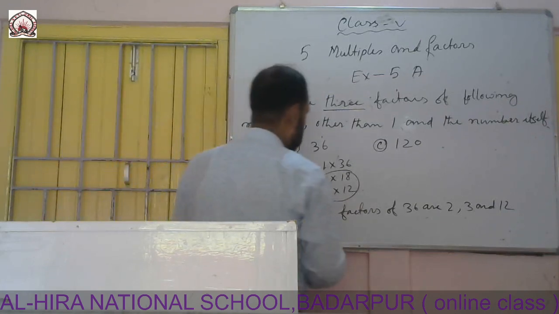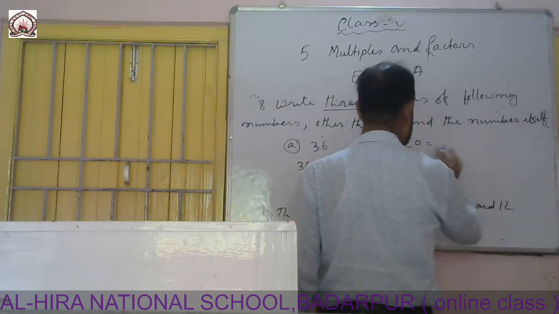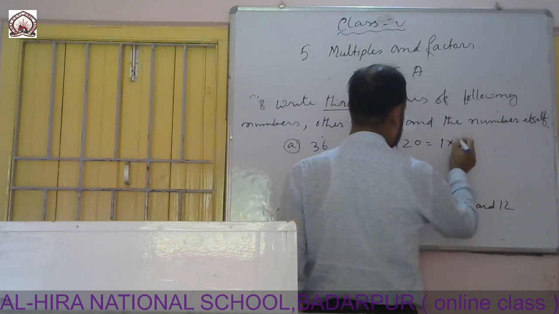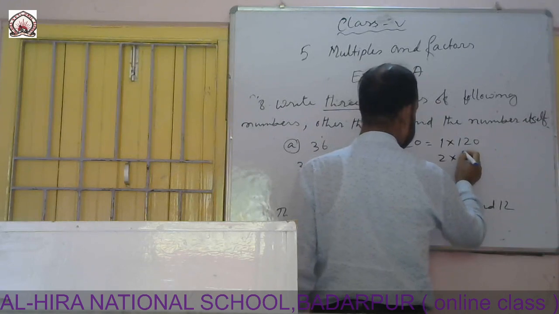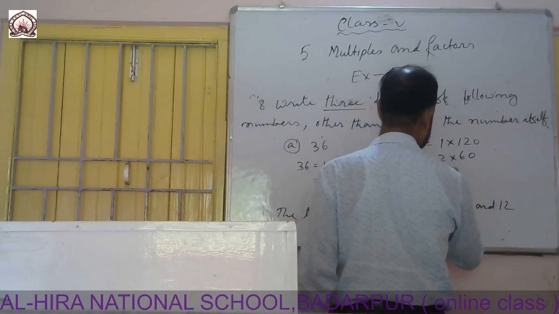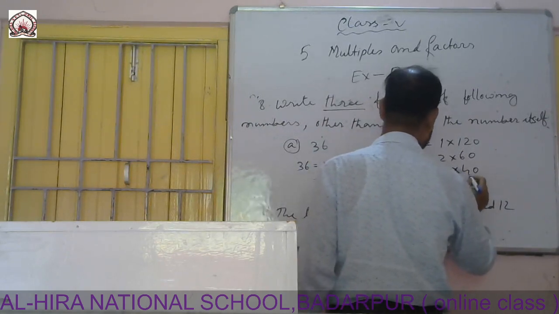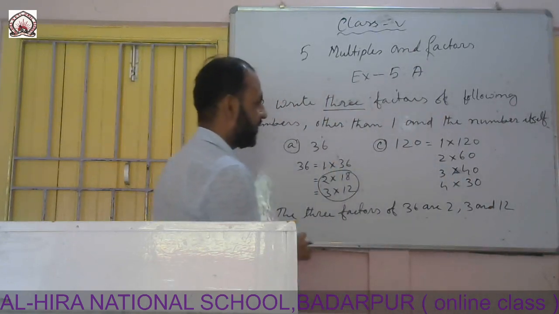Next we take out the factors of 120. 1 into 120, 2 into 60, 3 into 40, 4 into 30. So we need only 3 factors.